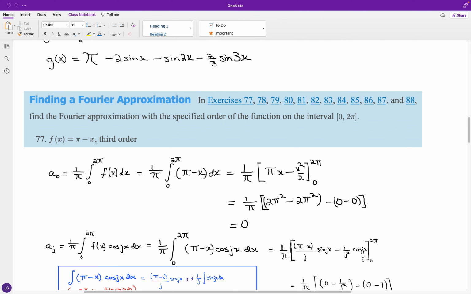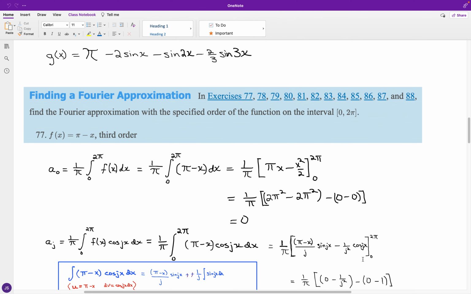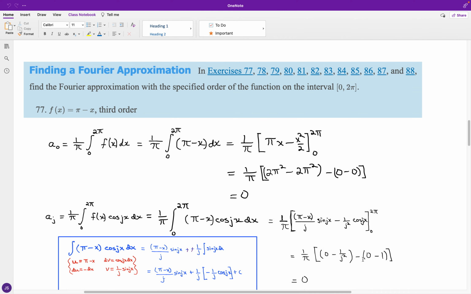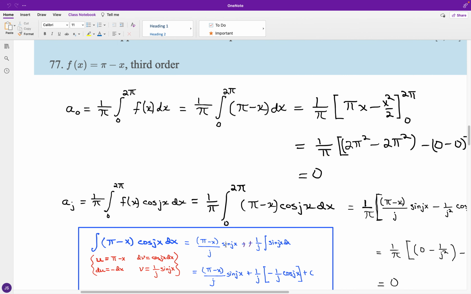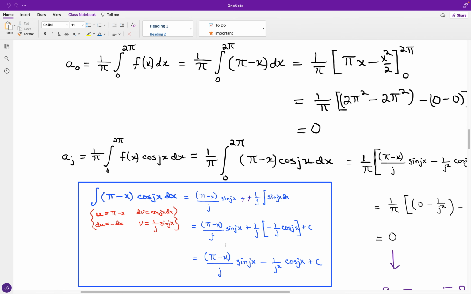Now, in the case of a sub j and b sub j, for a sub j we're going to be looking at integration by parts, where we have the integral of pi minus x times the cosine of jx dx.